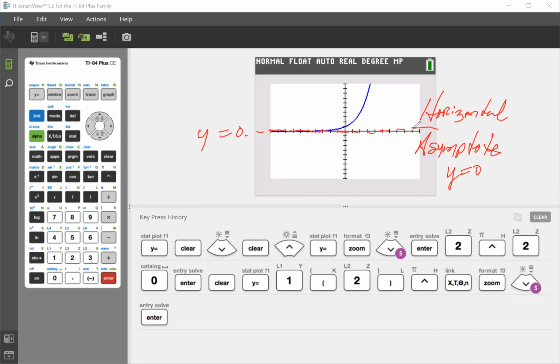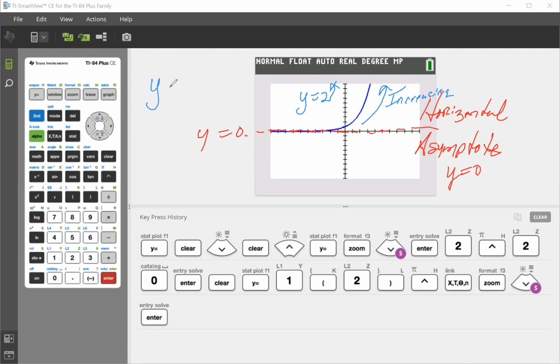I'm not showing it very well, but your blue function is y equals 2 to the x. I'll have to see if I can fix my stylus here, but it got broken over the weekend. But if you had y equals 2 to the x as your function, then this thing's going to shoot up and it's going to be increasing.